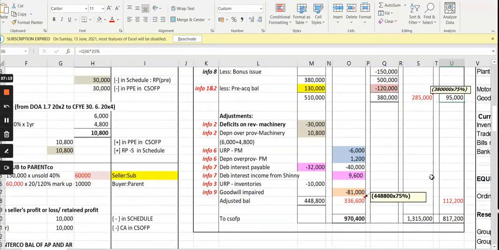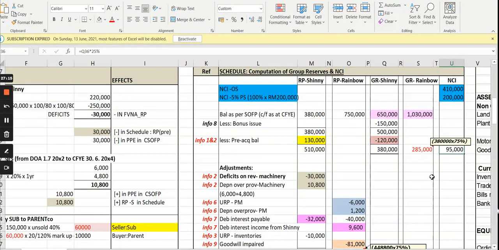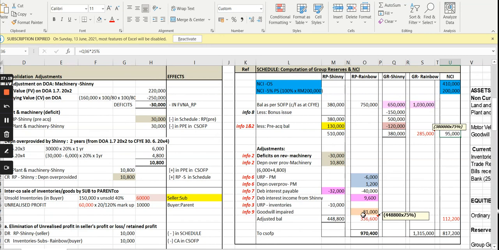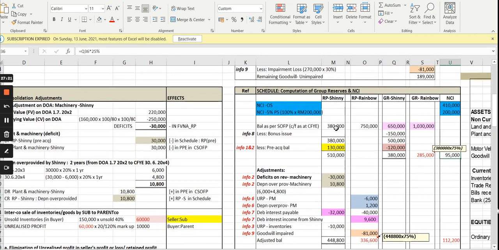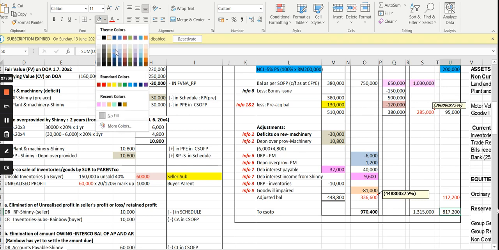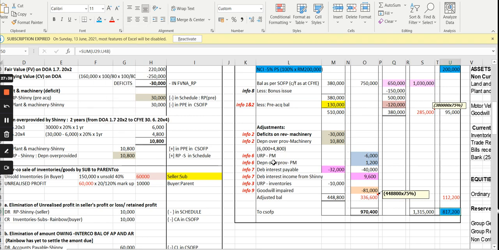So you are done with the calculation for the retained profit column of the subsidiary, group retained profit or retained profit of Rainbow, general reserve, and your non-controlling interest. This is the column. I will put this color here, blue, that you will have to transfer to your statement of financial position.